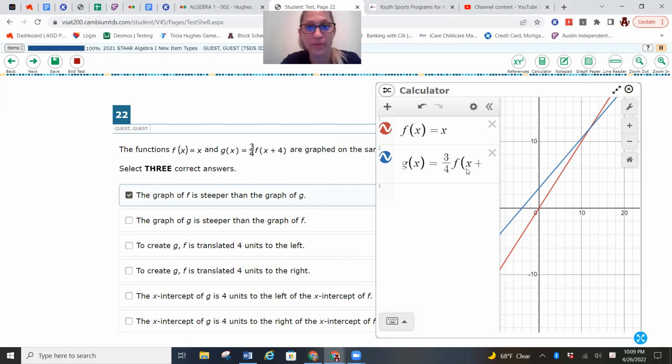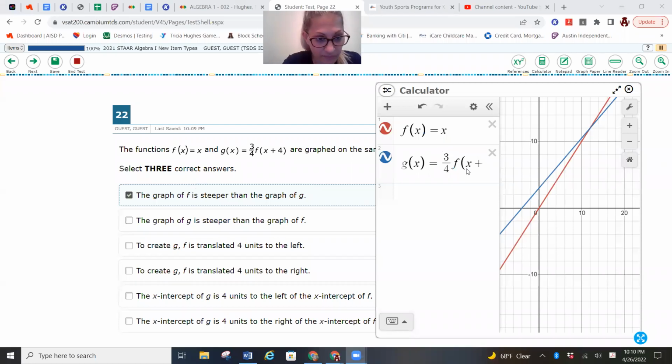It's steeper. You can also tell if it's steeper by the bigger number. So check it out. This number is a 1. This number is a 3/4. 1 is bigger than 3/4. Therefore, F is steeper than G.